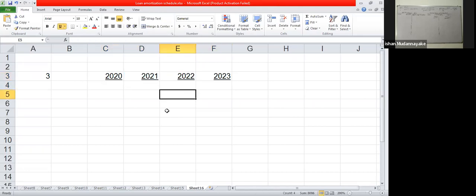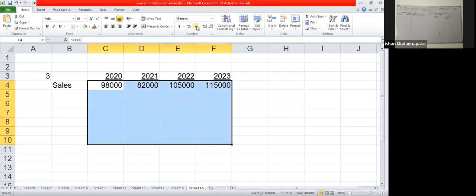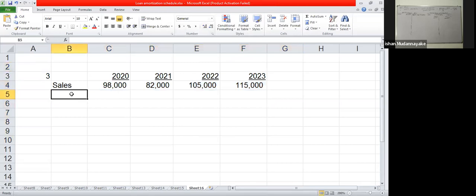And then write down sales of each year: 98,000, 82,000, 105,000, 115,000. Total sales.